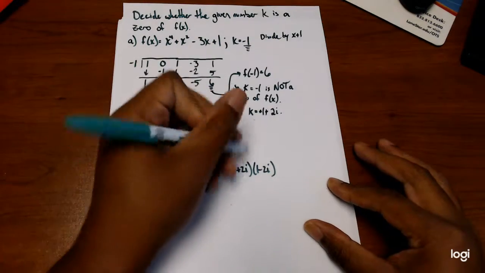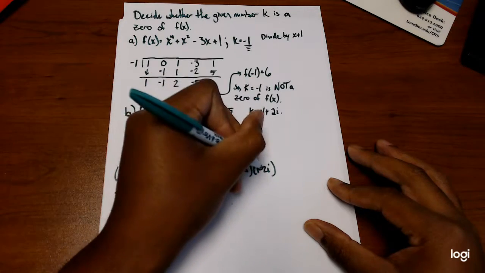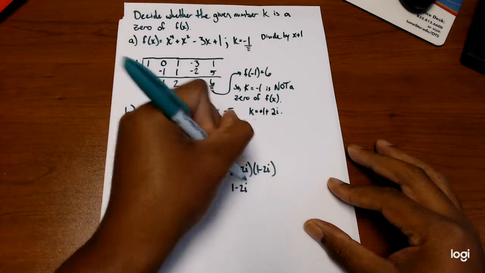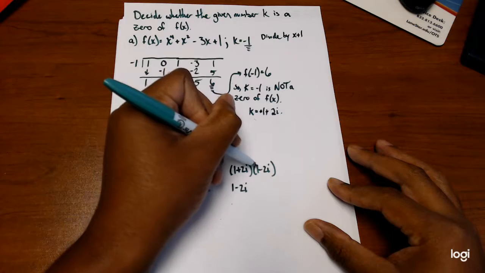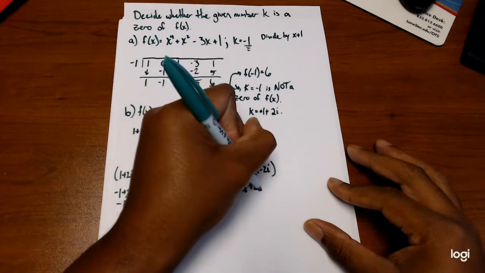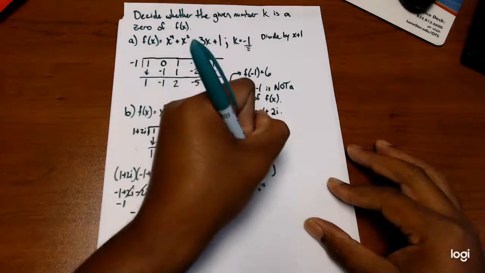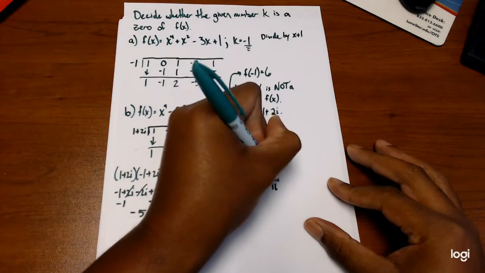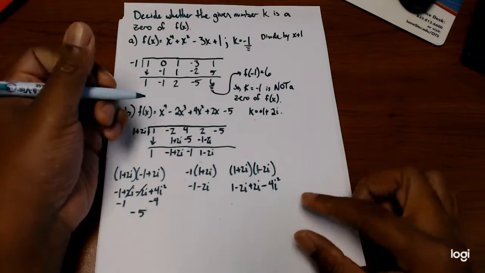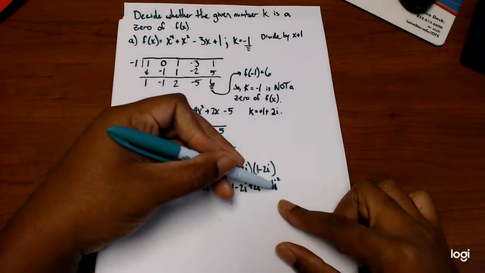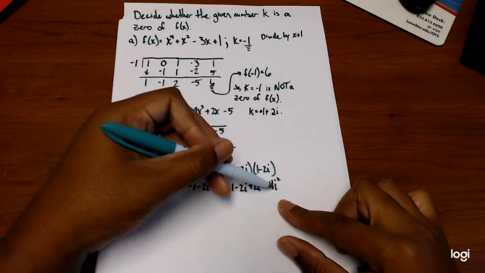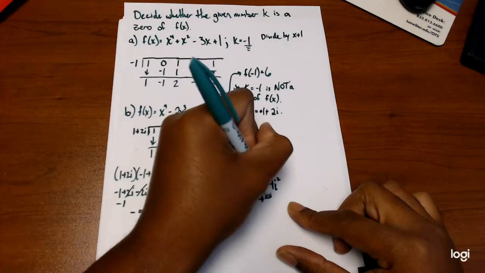1 times 1 is 1. 1 times negative 2i is negative 2i. 2i times 1 is a positive 2i. And then here, 2i times negative 2i is negative 4i squared. But again, remember, i squared is negative 1. So negative 4 times negative 1 is positive 4.